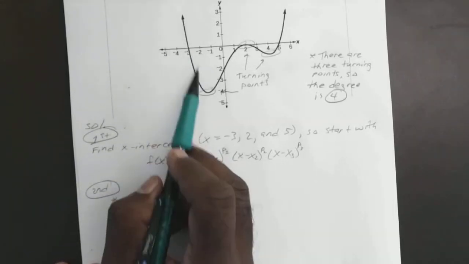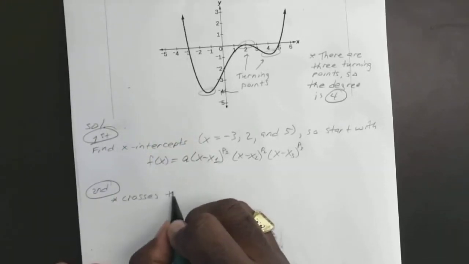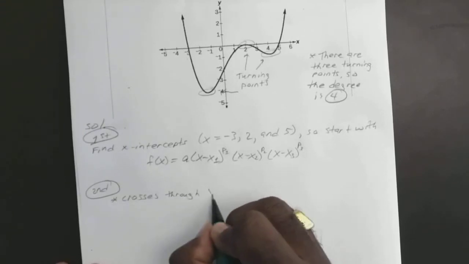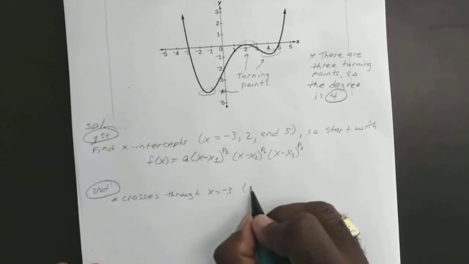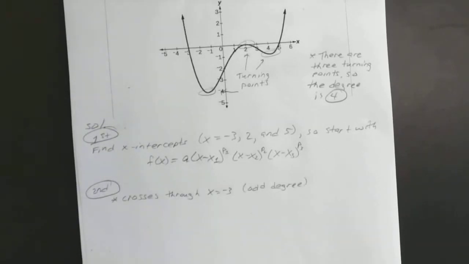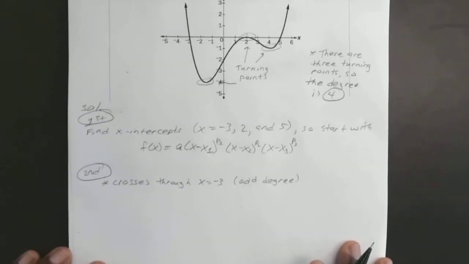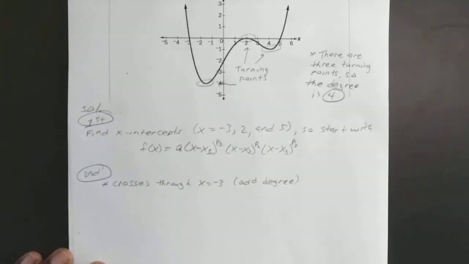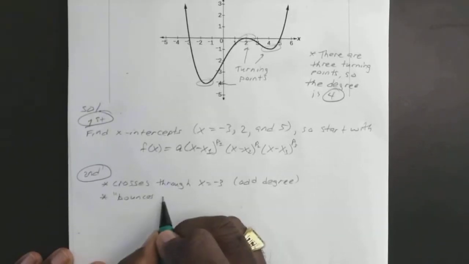All right. So if we go to our second step, you see at x equals -3, it crosses right through. So this particular one is going to have an odd power, because remember, when it crosses through, it's going to be odd. If it bounces off, it's going to be even.